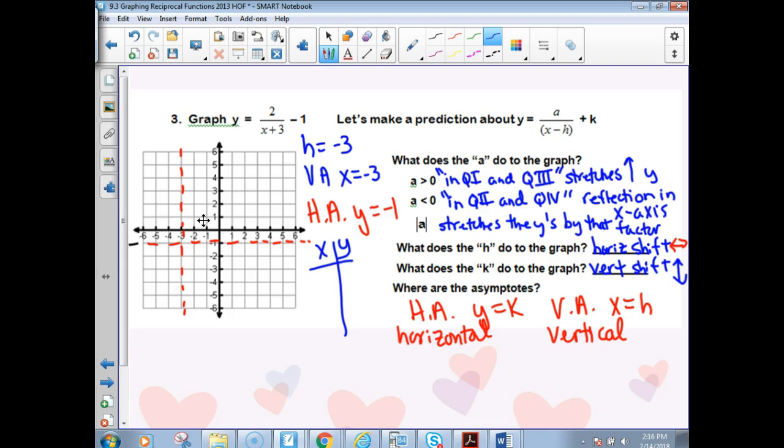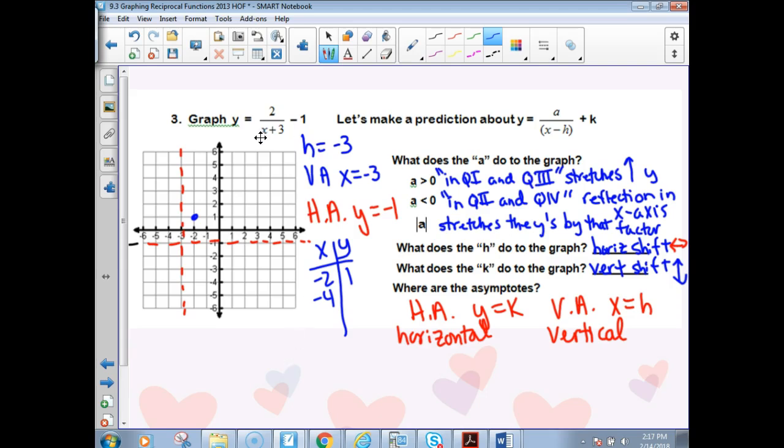So I'm going to plug in a value to the right of my asymptote, which is -2, and one to the left of it, which is -4. I can't plug in the asymptote number. I'll be undefined there. So if I put in -2 for x, the denominator will be 1. That will give me 2 minus 1, which is 1. So (-2, 1) is a point on the graph.